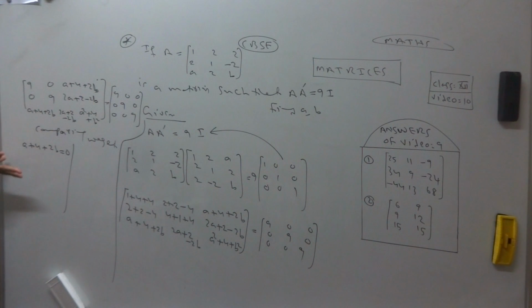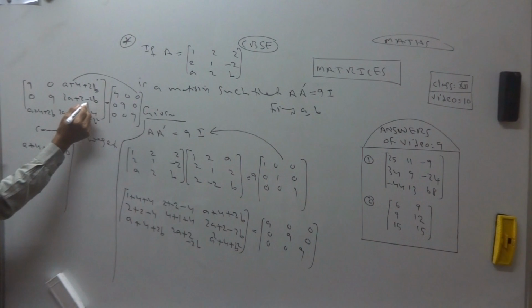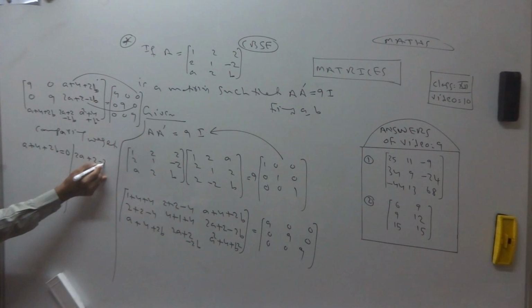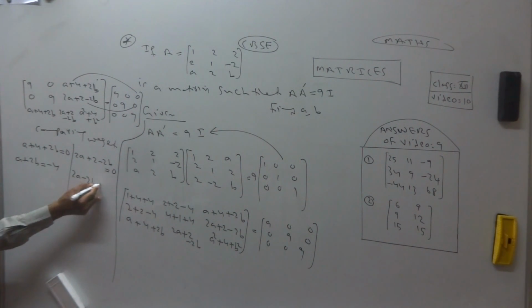I need one more equation, so I will take this. This is 0 and this is 0. 2A plus 2 minus 2B is 0. A plus 2B is minus 4. Here 2A minus 2B is minus 2.